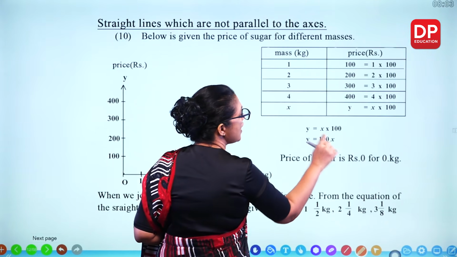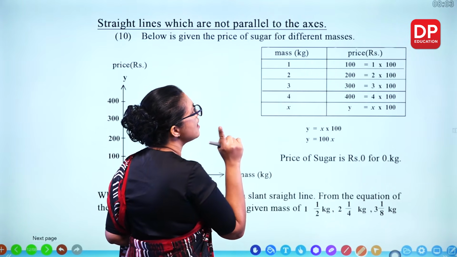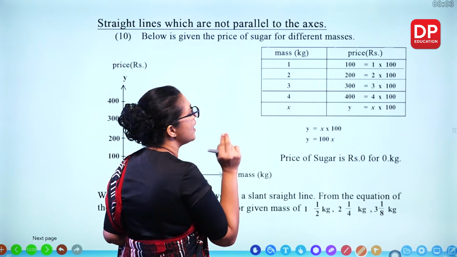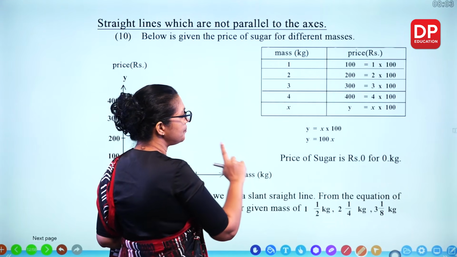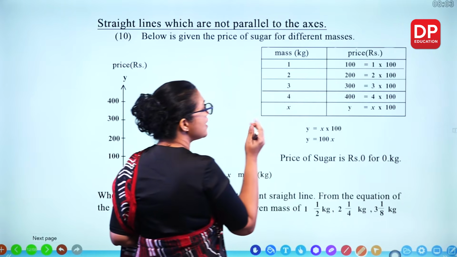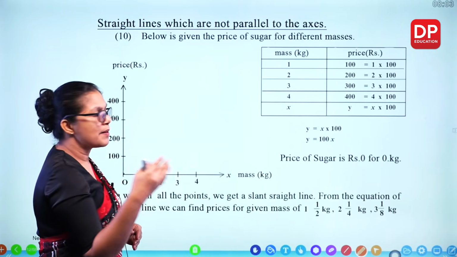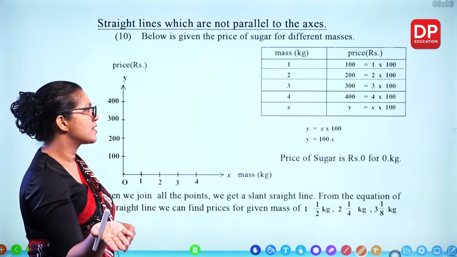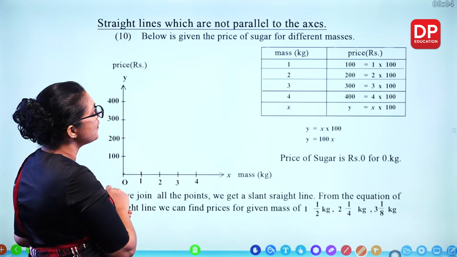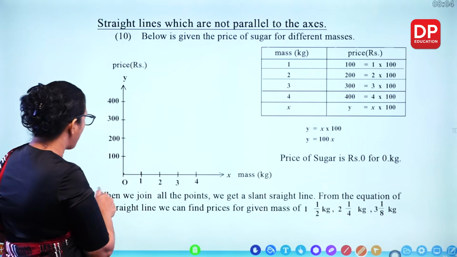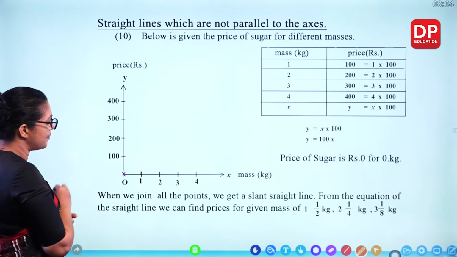When you substitute x equals 1, you get the price for 1 kilo. X equals 2, price for 2 kilos. If the price of sugar is 0, that means for 0 kilos. Now we'll try to draw the graph. So price is 0, this is 0.